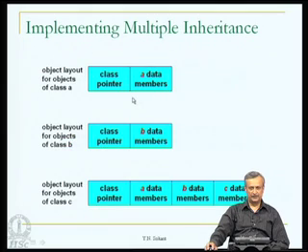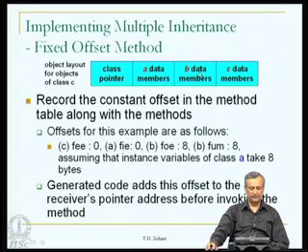For example, let us say the object records of class A have just A data members, class B have B data members, but class C, which inherits both from A and B, has space for A data members, B data members and C data members. So, the difficulty is in calling methods, and how to address this difficulty is what we studied in the last class. Let us review it very quickly.